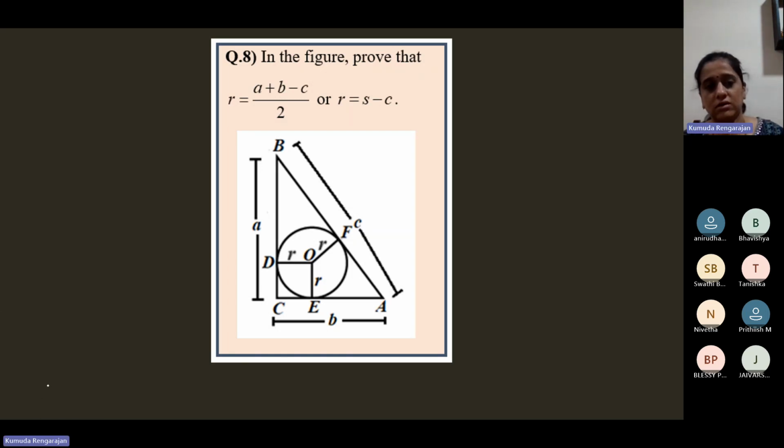So here we'll have to show that the same figure, not even similar, same figure. You'll have to show that R is equal to S minus C, which we just did. Also, R is equal to A plus B minus C by 2. So, same thing.